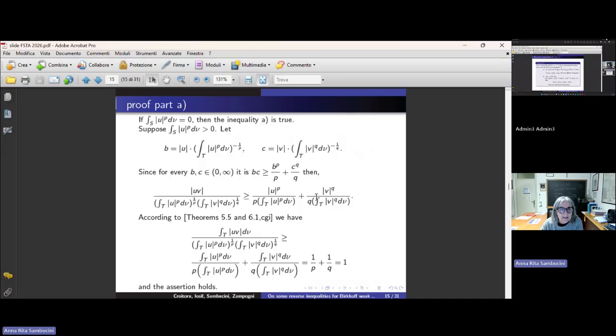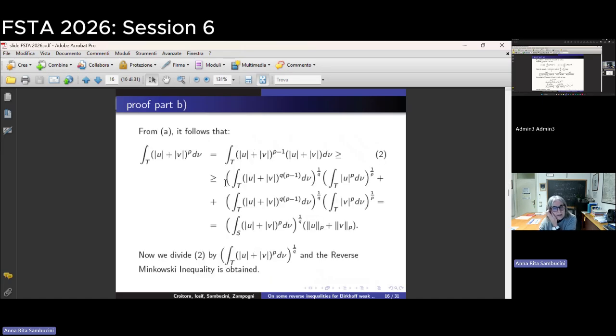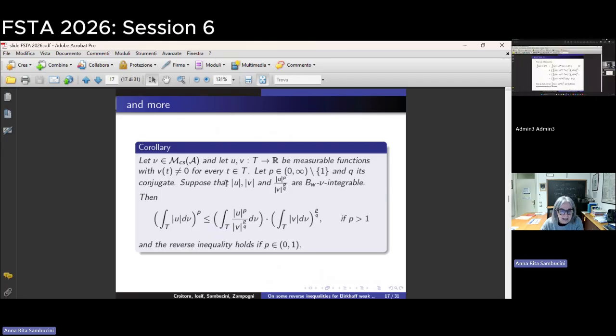In particular, the reverse order inequality follows from a kind of Young reverse inequality, this one, and the Minkowski one follows from the Hölder reverse inequalities. As a corollary, we obtain two other inequalities.